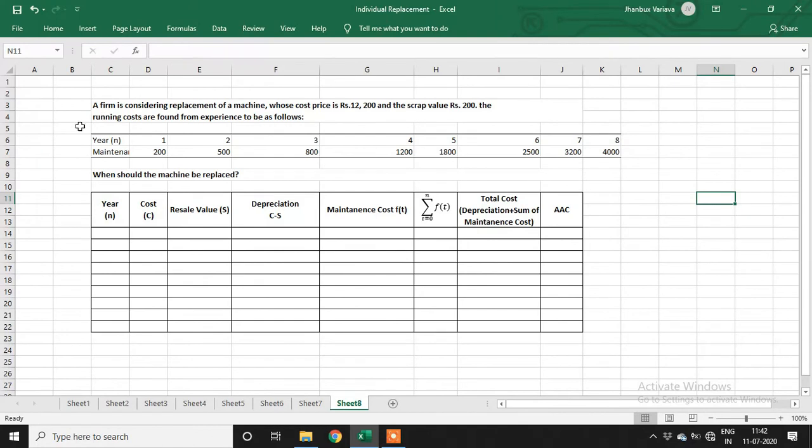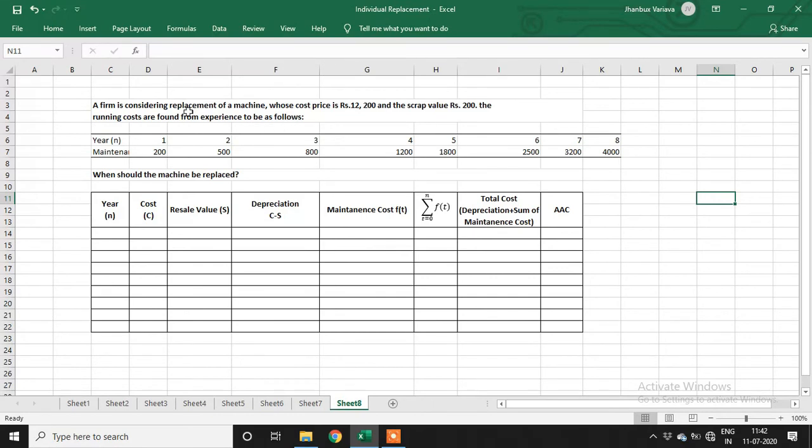Okay, so what is the second numerical telling us? We read first that a firm is considering replacement of a machine whose cost price is rupees 12,200 and the scrap value is rupees 200. The running costs are found from experience to be as follows.